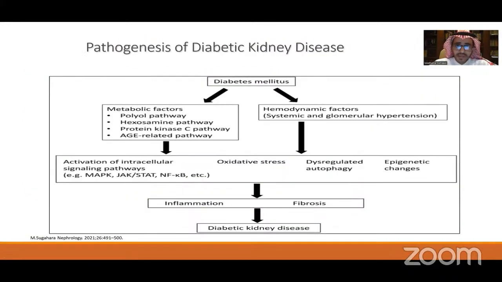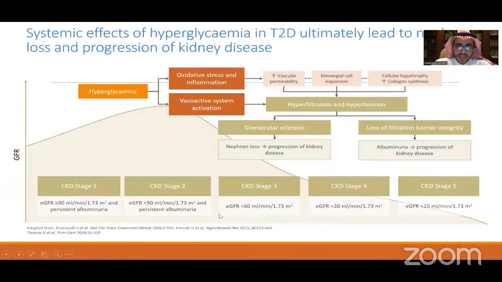So basically, the pathogenesis of diabetic kidney disease includes both metabolic factors and hemodynamic factors, specifically systemic and glomerular hypertension. All those can lead to the activation of different pathways to oxidative stress, dysregulated autophagy, and epigenetic changes, leading to inflammation, fibrosis, and progression of diabetic kidney disease. Now, the systemic effects of hyperglycemia include the enhancement of oxidative stress and inflammation, along with vasoactive system activation.